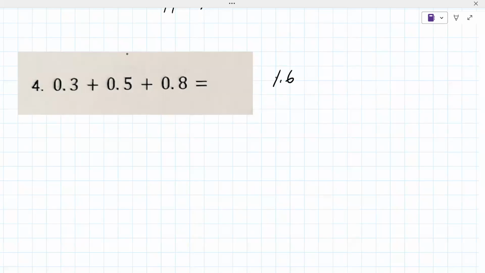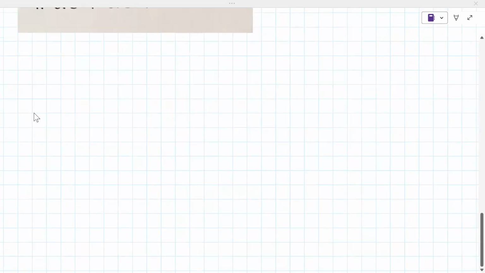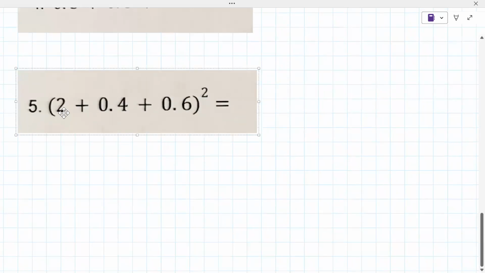Very good. So number 5 is really similar. You have to do the part inside parentheses first. Just like number 4, you're going to add the numbers inside, 2 plus 0.4 plus 0.6, then square. So you get whatever that number is, then square it, meaning multiply it by itself.